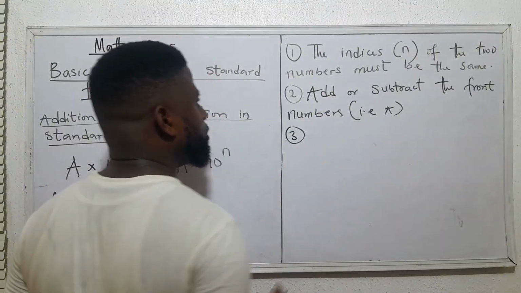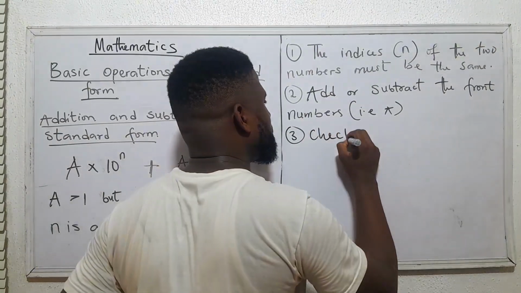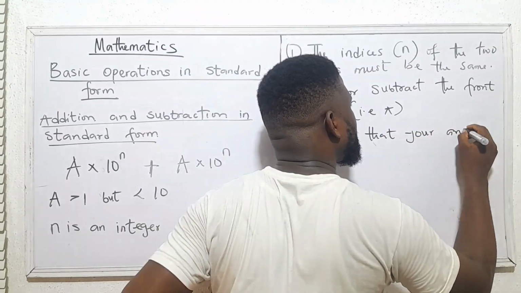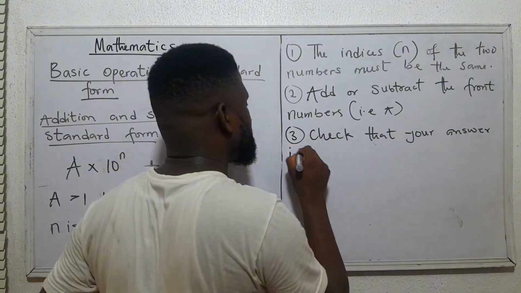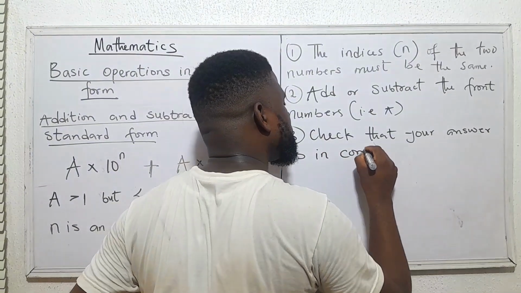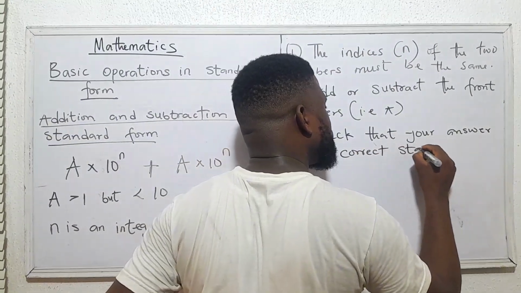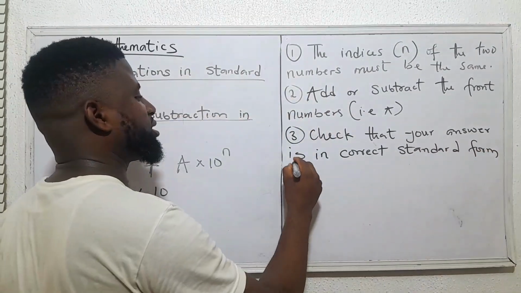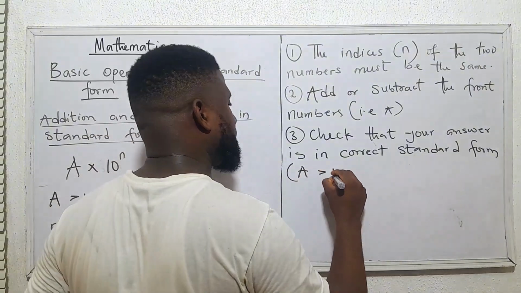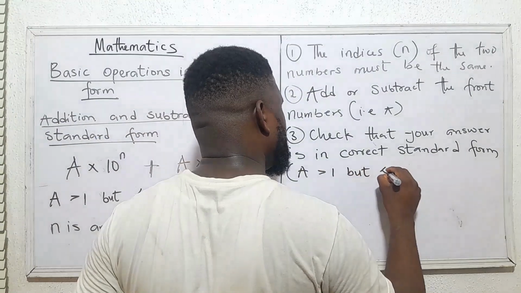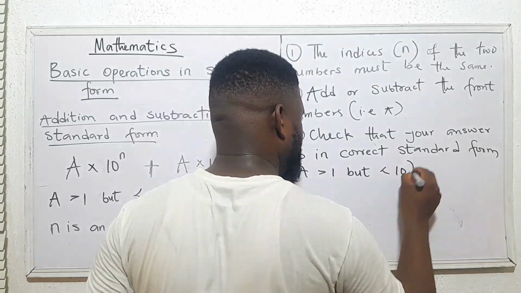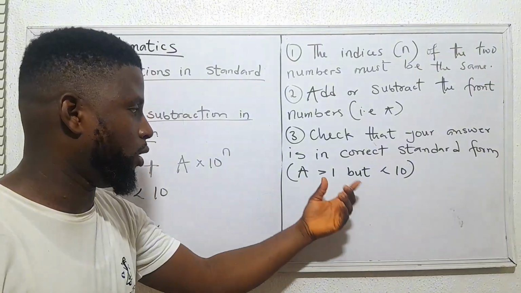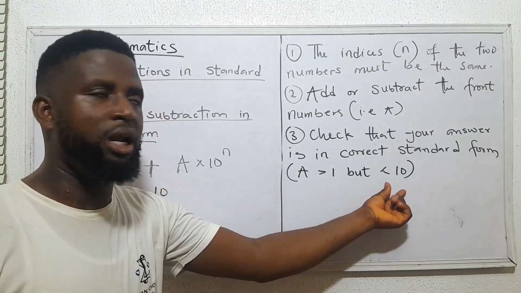Then number three, you must now check that your answer is in correct standard form. What does that mean? It simply means that your a must be greater than 1 and must be less than 10, right? That is, a must not be less than 1 and must not be greater than 10, or a must be greater than 1 but less than 10.